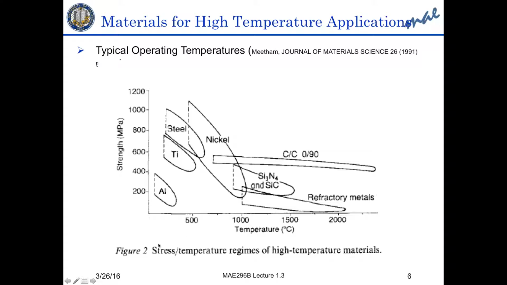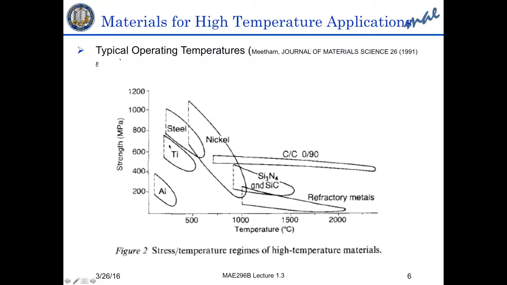Next, we look at the actual strength of the material, and the strength could be an ultimate strength of the material as a function of the operating temperature. And generally, again, you find that aluminum works at low temperatures to 300, and the strength ranges 200 to 400 megapascal.